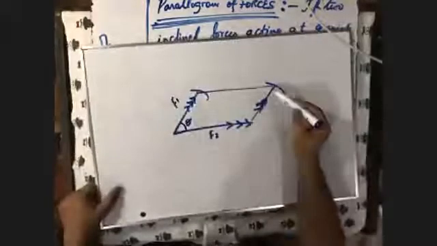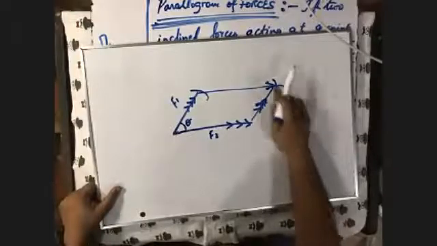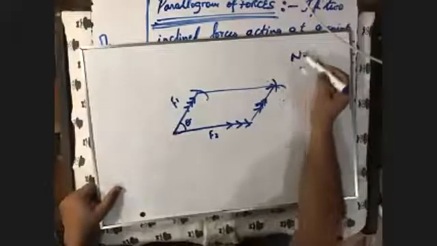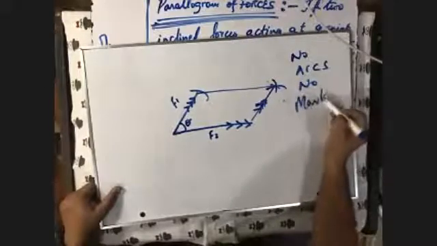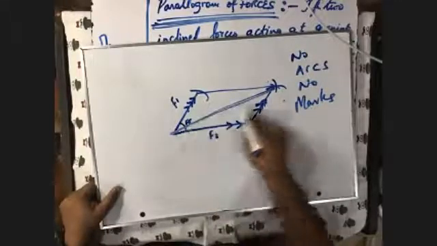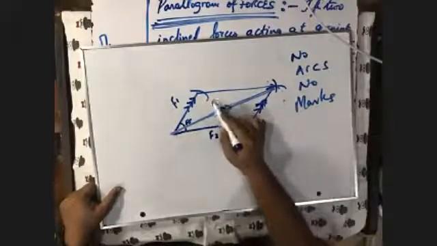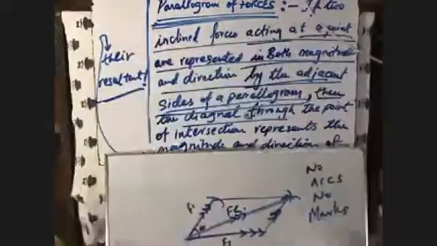This is your diagonal. You have made arcs here, no arcs, no marks. That's the concept. Then the diagonal is the resultant.